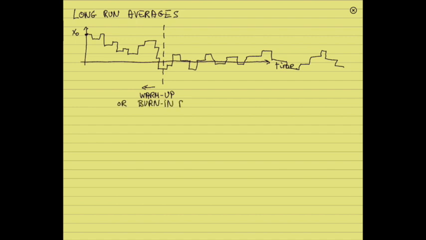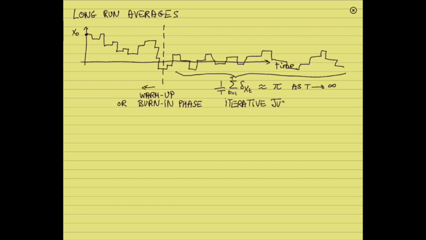So you'll discard the first bit, the so-called warm-up or burn-in phase of the Markov chain. And then you would collect the states after the burn-in. Each of those states would be assigned the same weight, 1 over capital T. If you have capital T states after the burn-in, then this average of Dirac masses approximates the target distribution pi. So this is the so-called iterative justification of the Markov chain method for Monte Carlo.